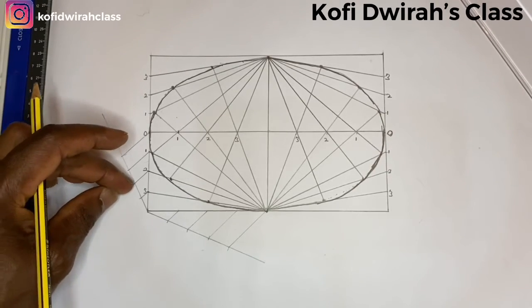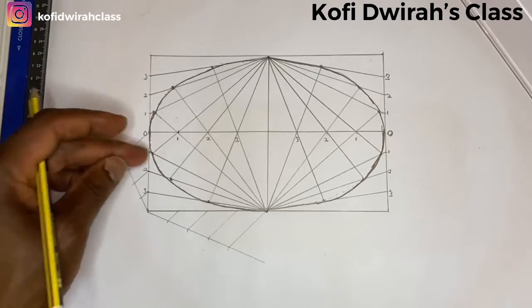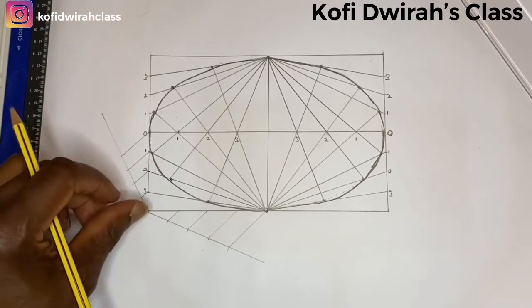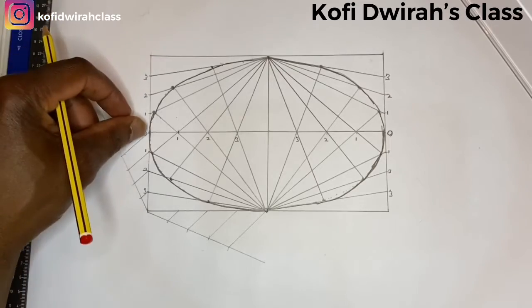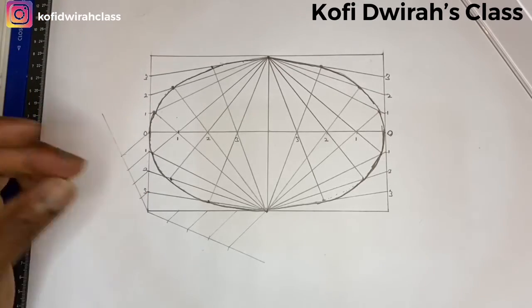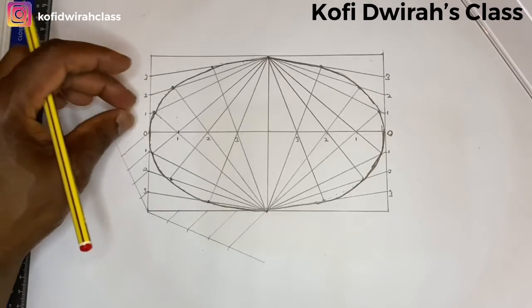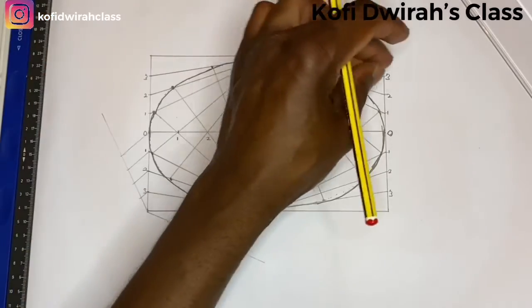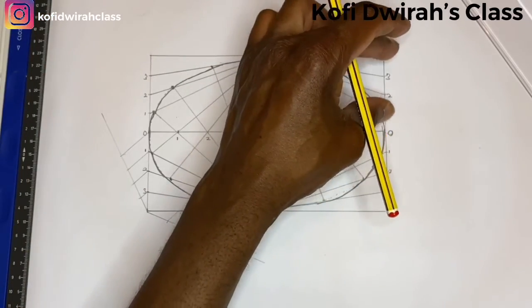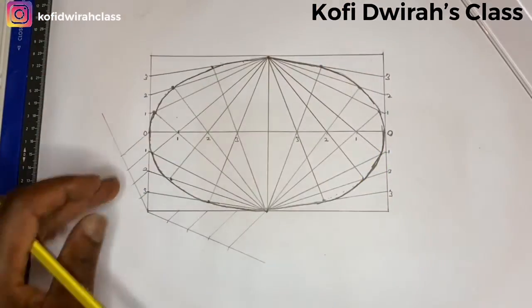So I use that method to divide this line. Then I transfer the same measurement, because the distance from here to here is equal to this from here to here.